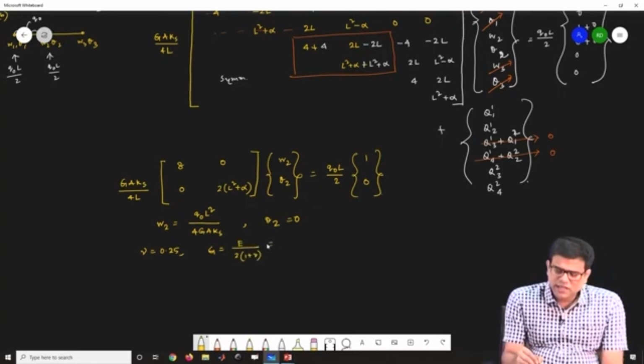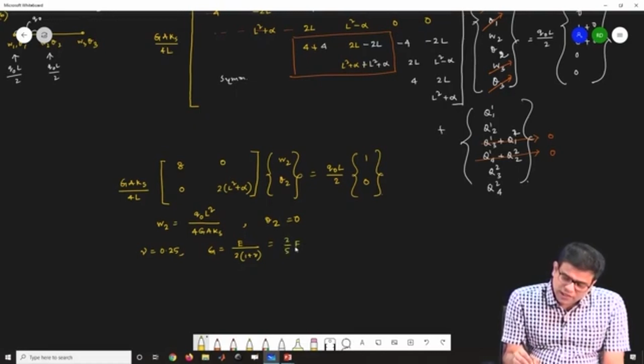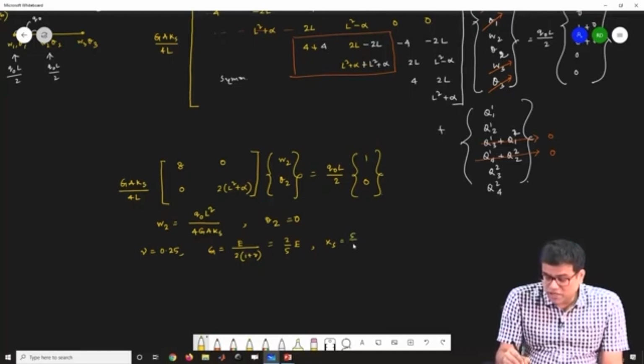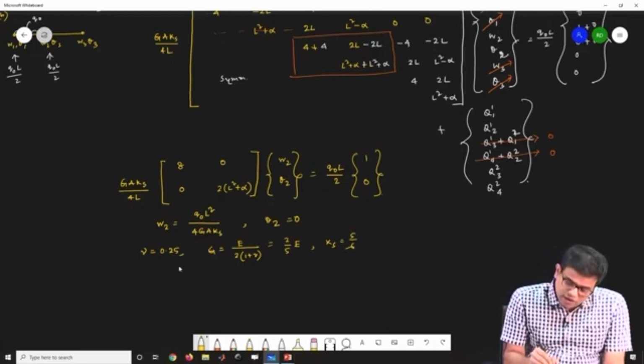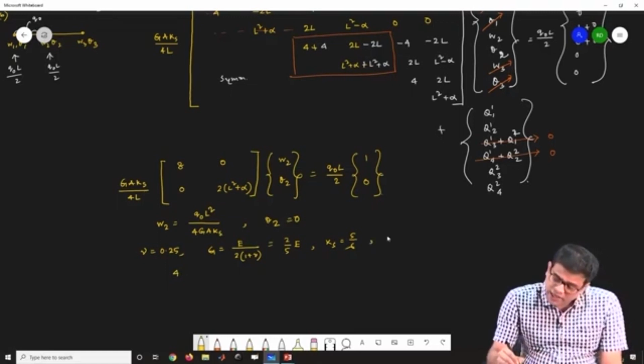So, that is E by 2.5, which is 2 by 5 E, right, and kappa S, that is the shear correction factor, let us take 5 by 6. Then this term, this 4, okay, we need A also.